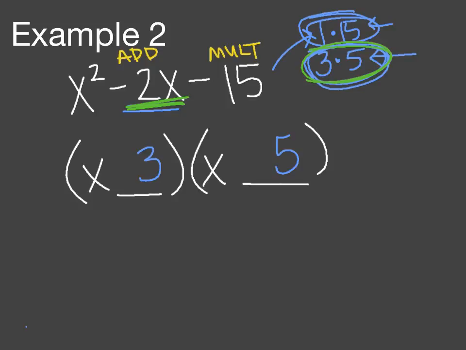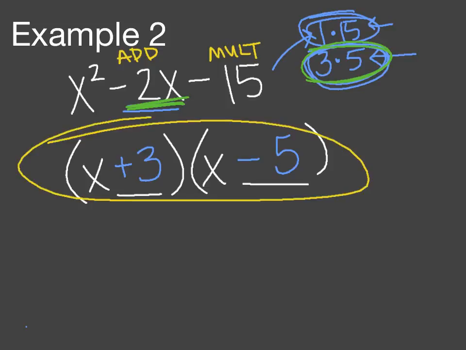Let's make the 3 a positive and the 5 a negative and see what happens. Is a +3 and a -5 adding up to a -2? Yes. Now, will a +3 and a -5 still multiply to -15? Yes, it will. So this would be my final factored answer using sum product.